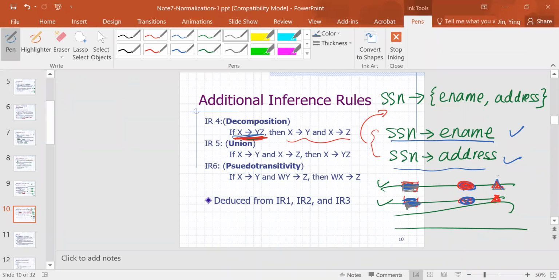Same SSN, same address. And so that's what this one tells me. And when we combine the two of them, you will see whenever we have the SSN, we're going to have the same ename. This one tells me we're going to have the same address. So that means this is true: same SSN, same ename, and same address. So that's this union rule.